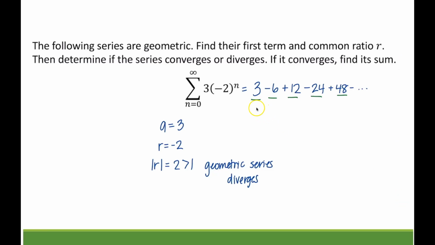So the limit as n approaches infinity does not exist. And so if the numbers aren't even getting smaller or closer to 0, then there's no way that the sum can converge. So hopefully it makes intuitive sense why we would say that if the absolute value of the common ratio is bigger than 1, that the geometric series diverges.